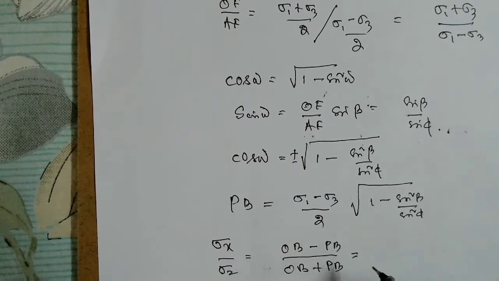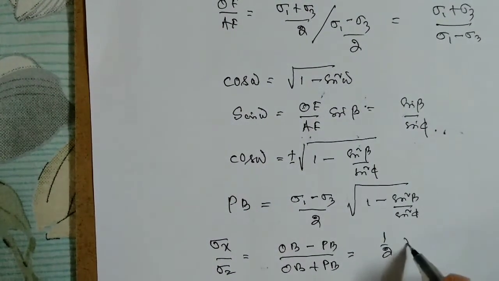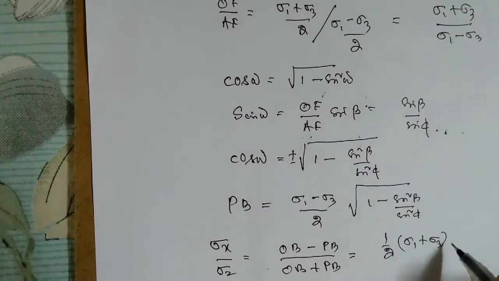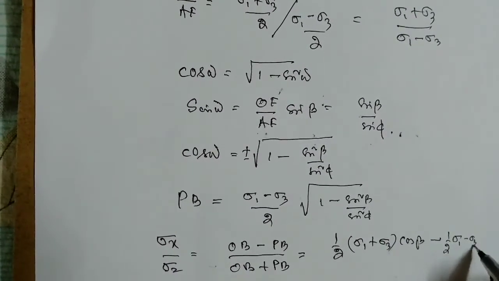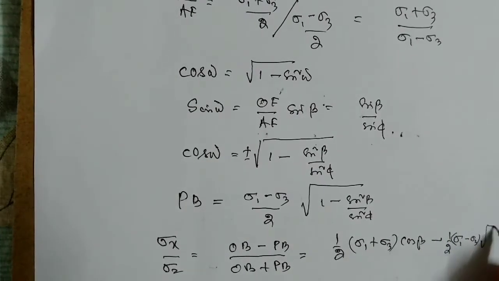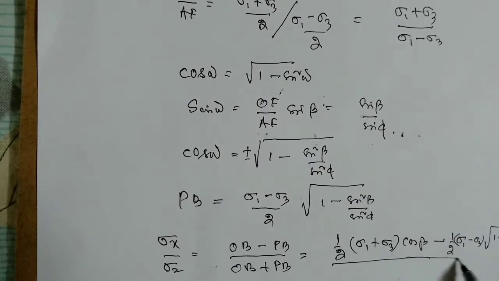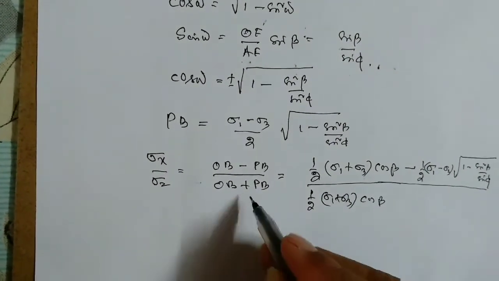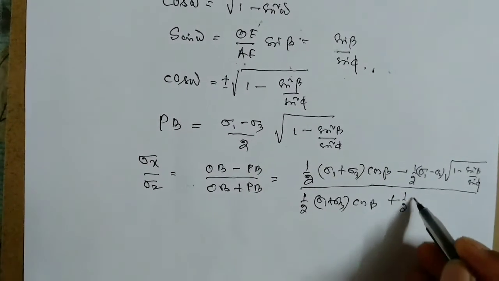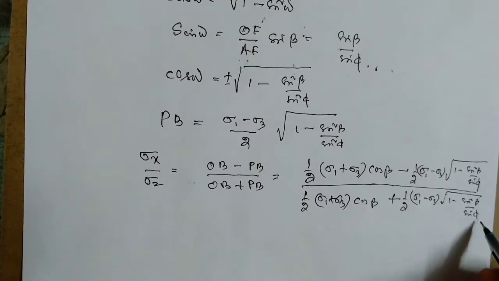In place of OB we write half of (sigma 1 plus sigma 3) cos beta, minus, for PB, half of (sigma 1 minus sigma 3) times the root of 1 minus sin square beta by sin square phi, divided by again OB, half of (sigma 1 plus sigma 3) cos beta, plus, for PB again the same, half of (sigma 1 minus sigma 3) times the root of 1 minus sin square beta by sin square phi.